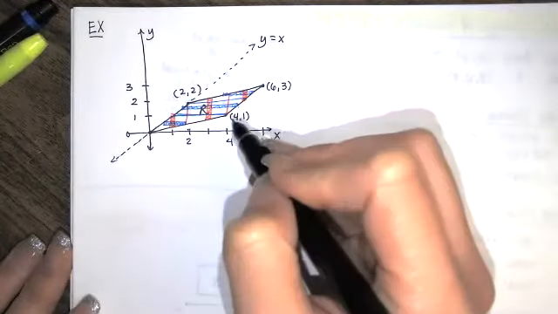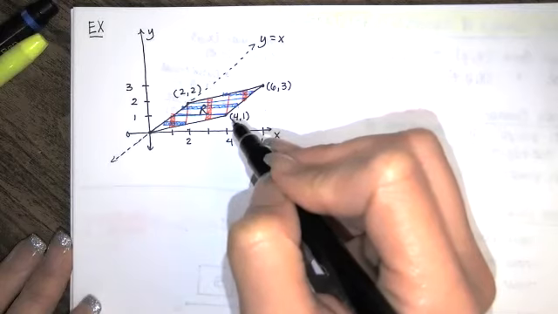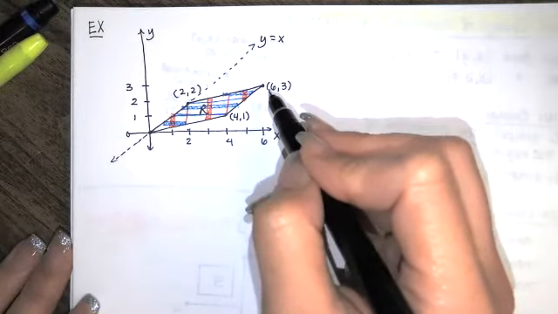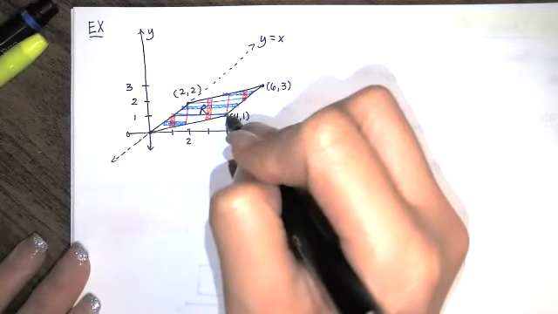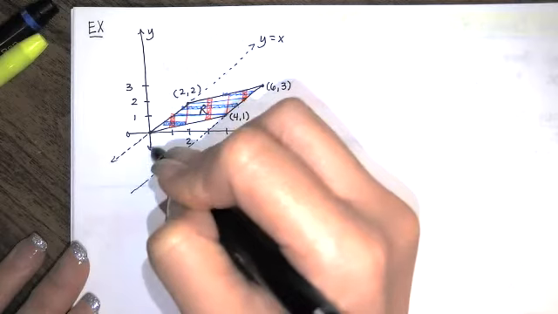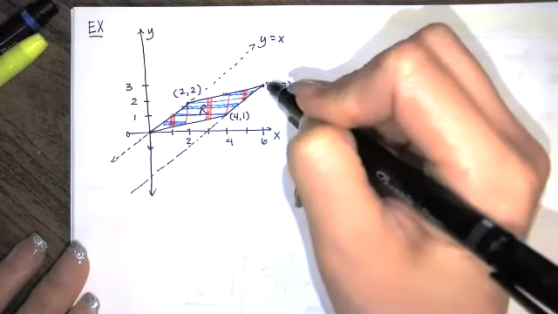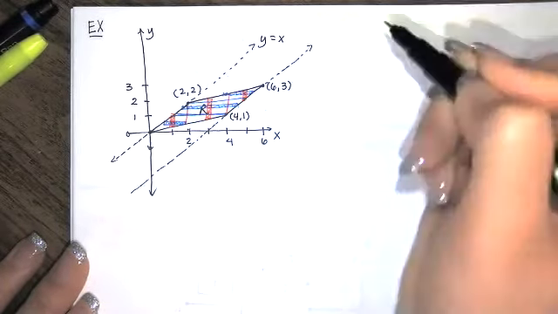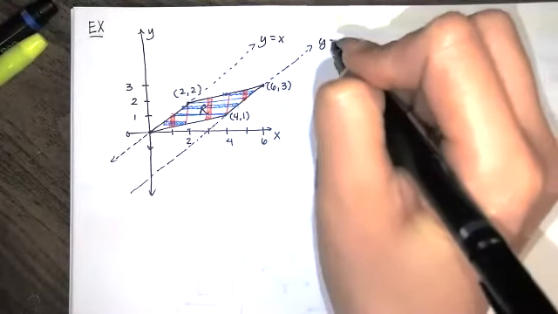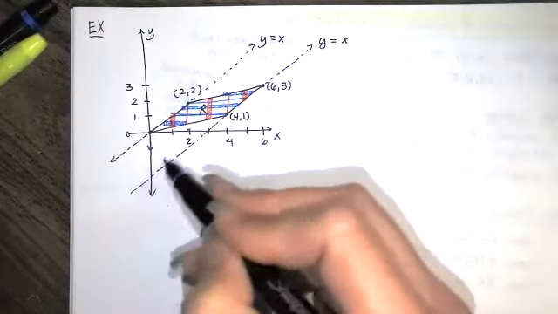Okay. Over here, I've got a line that passes through 4, 1, and also passes through 6, 3. And I believe that's parallel to this line. So it should have a slope of 1 as well. What's the slope? We go up 2 and over 2. So the slope is still 1. But what's the y-intercept?